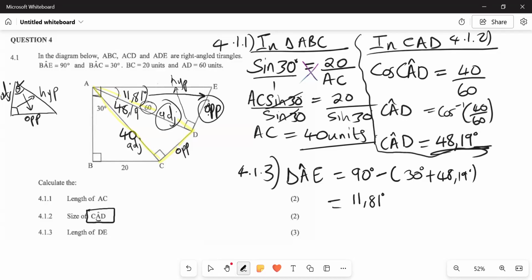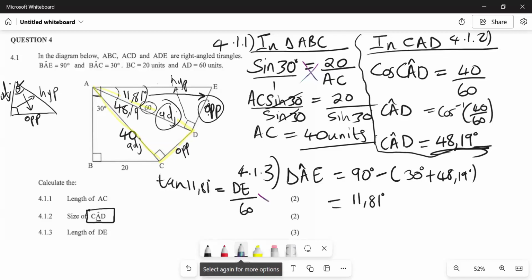And that trig ratio is tan. So you have tan 11,81 equals to our opposite, which is DE, over the adjacent, you have your 60 there, right?